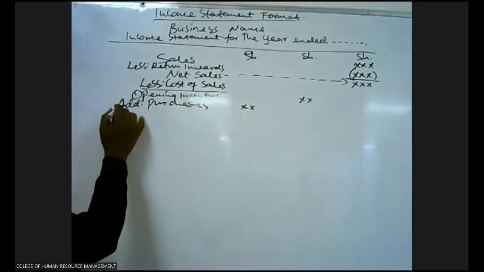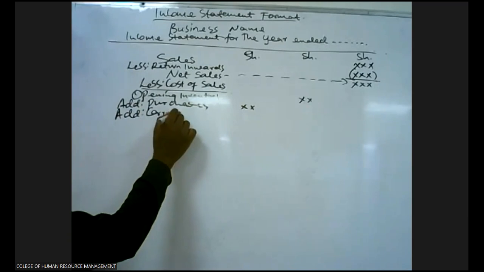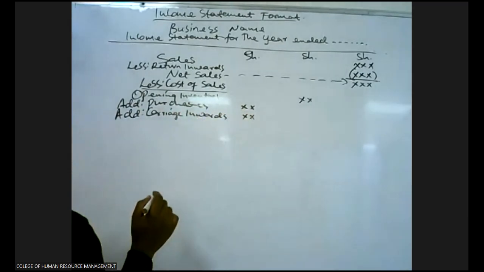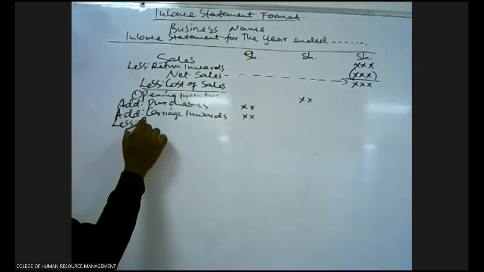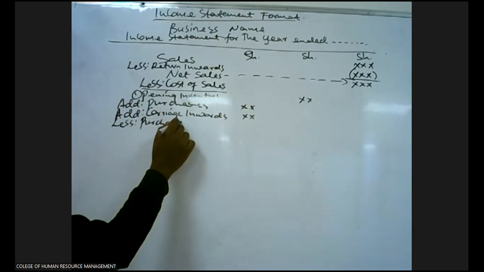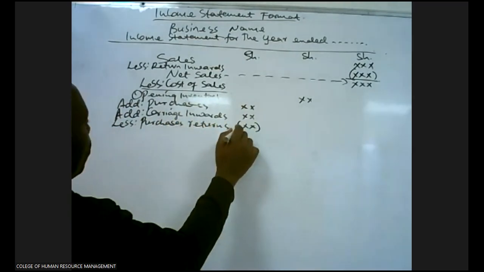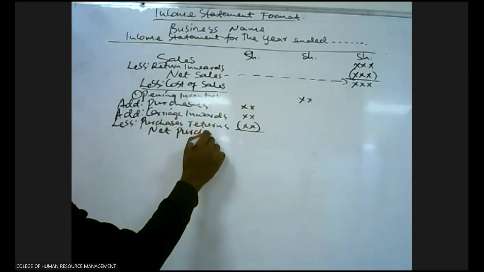So to the purchases you add carriage inwards. Then you less purchases returns, or returns outwards, so that we can get our net purchases.